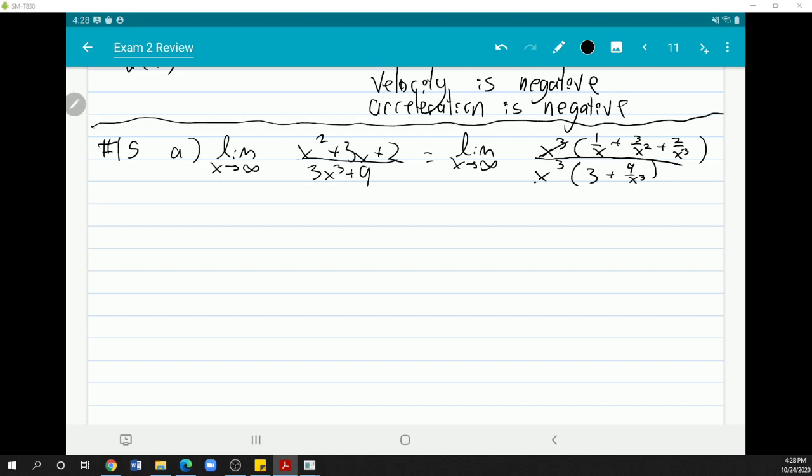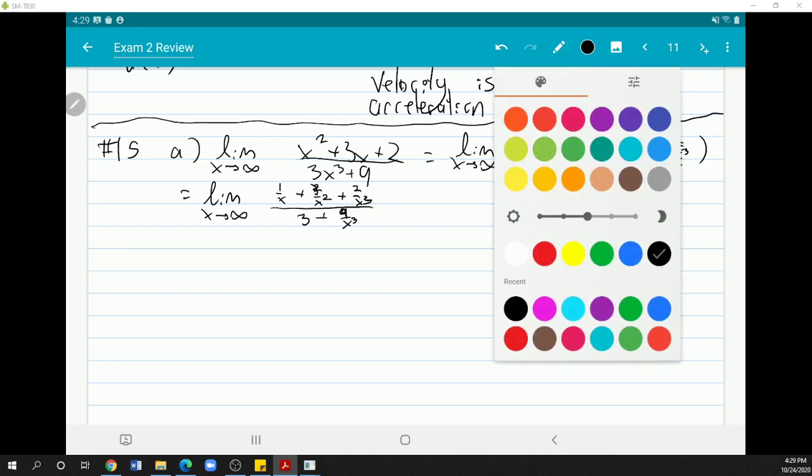So these x cubes cancel, and I'm left with the limit as x goes to infinity of 1 over x plus 3 over x squared plus 2 over x cubed, over 3 plus 9 over x cubed.